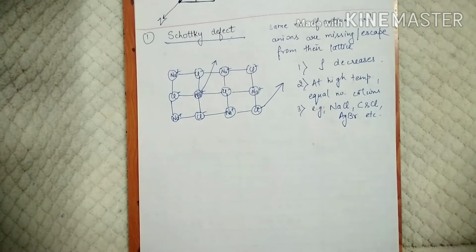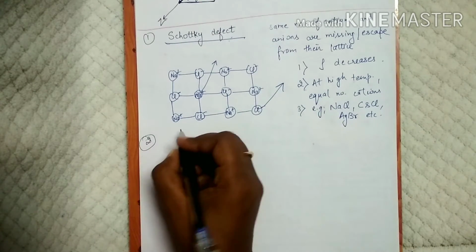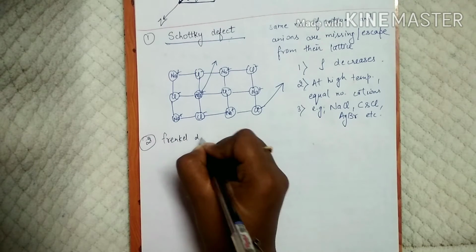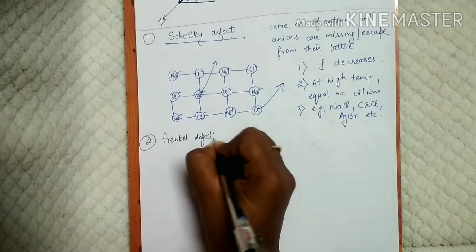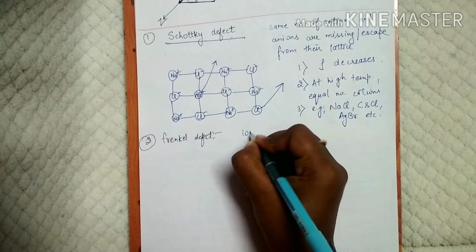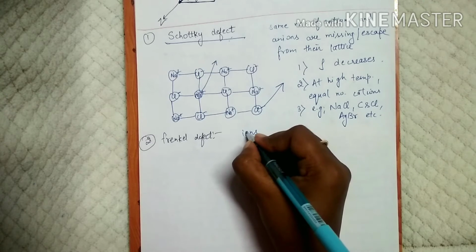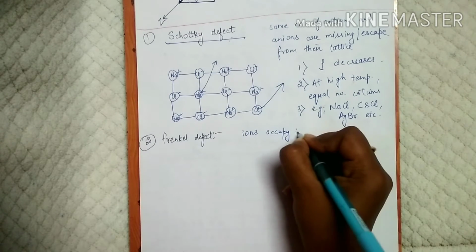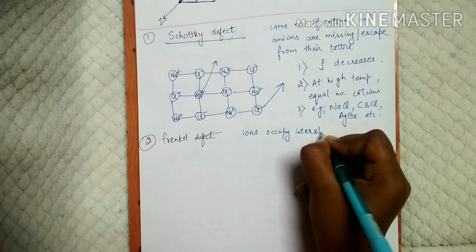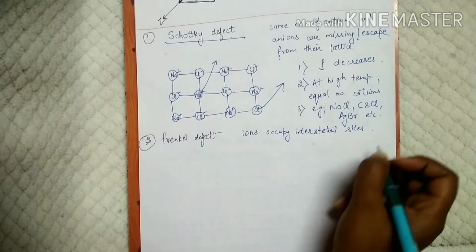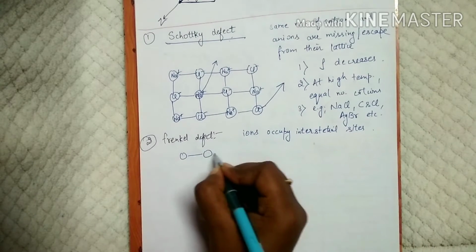Next type of defect is Frenkel defect. In this defect, what happens? Ions occupy the interstitial sites, they do not escape out. Now, what are interstitial sites? Suppose this is any crystal lattice.